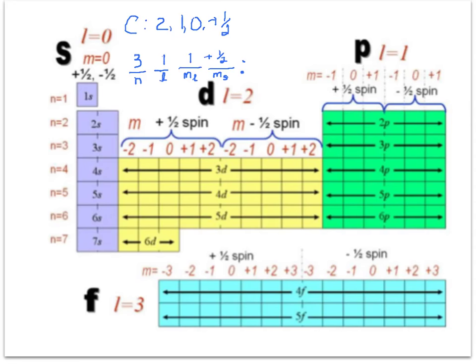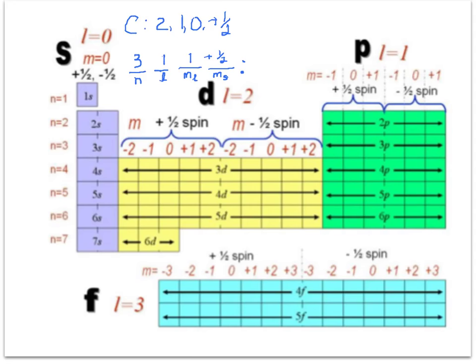Now, on the opposite way, we're going to use the quantum numbers to find which element's last electron the following set of quantum numbers could belong to. So we have this set of quantum numbers here: 3, 1, 1, positive 1/2. So if we start with N is equal to 3, we know we're in the third energy level. So I'll go ahead and highlight the whole thing.